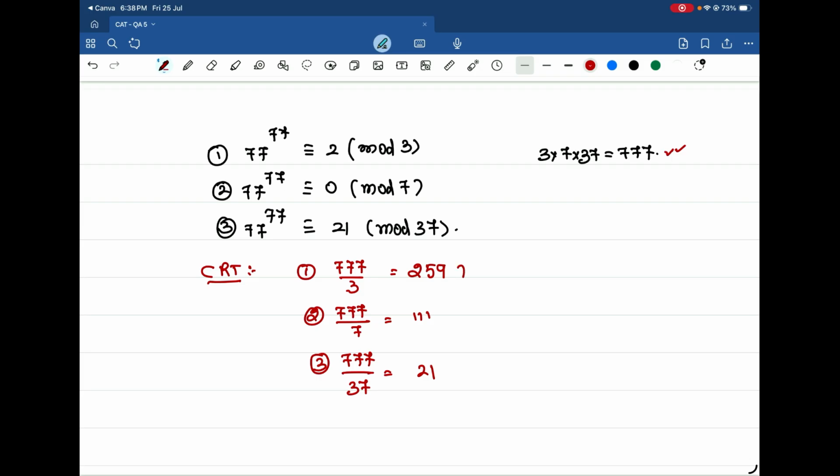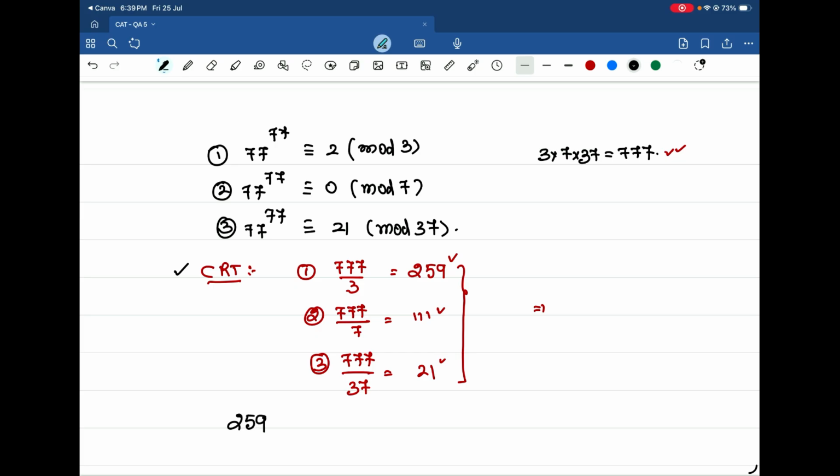These are the answers when they are divided with remainder 0. Whatever we get, the coefficients 259, 111, 21: 259 into 3 is 777, 111 into 7 is 777, 21 into 37 is 777. Whatever these values we have got, the coefficients, we have to follow the CRT procedure, the Chinese Remainder Theorem.